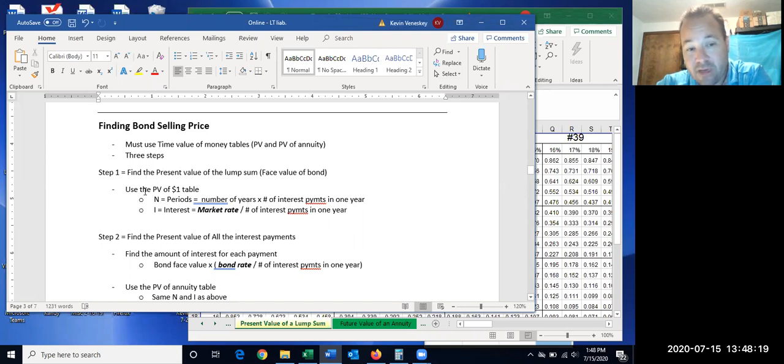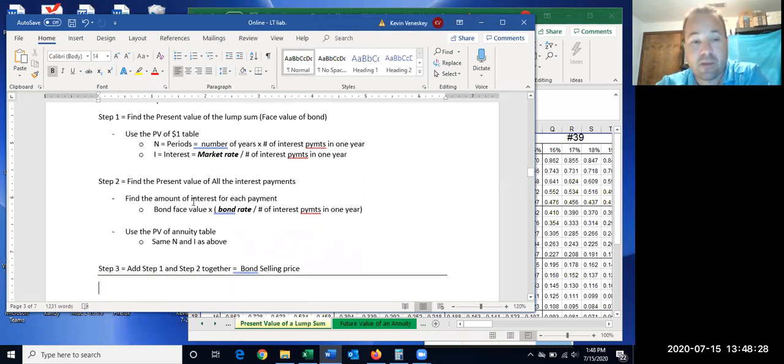So the first thing we would have done is calculated the face value of the bond, present value. Then we're going to find the present value of all the interest payments. And what we have to do with that is the main thing is we have to find the value of the interest that the bond is paying out every single 6 months. So we would have had to do that anyway to see how much we had to pay our bondholders.